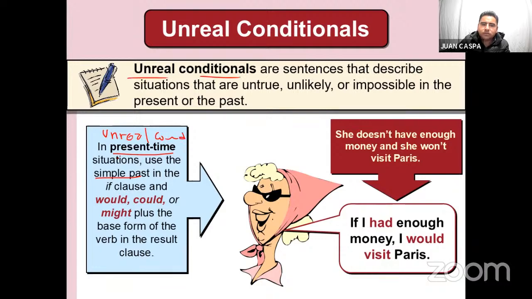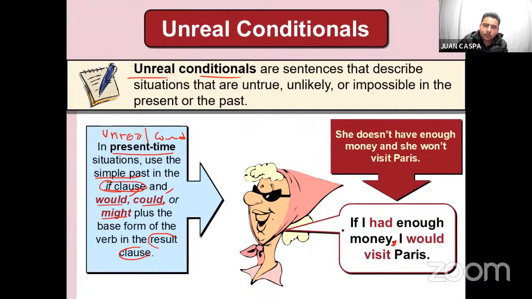In unreal conditionals, we use simple past in the if clause. And in the result clause, we use would, could, or might, right? So the if clause is until the comma, right? If I had enough money, I would visit Paris.